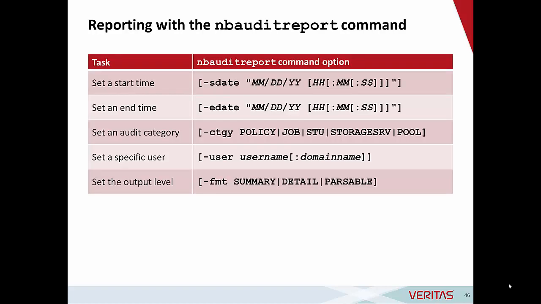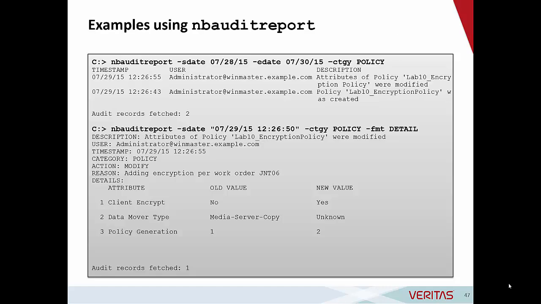Audit trails can be viewed either from the command line or from the Ops Center interface. This is an example here of using the nb audit report command from the CLI in order to view audit information.